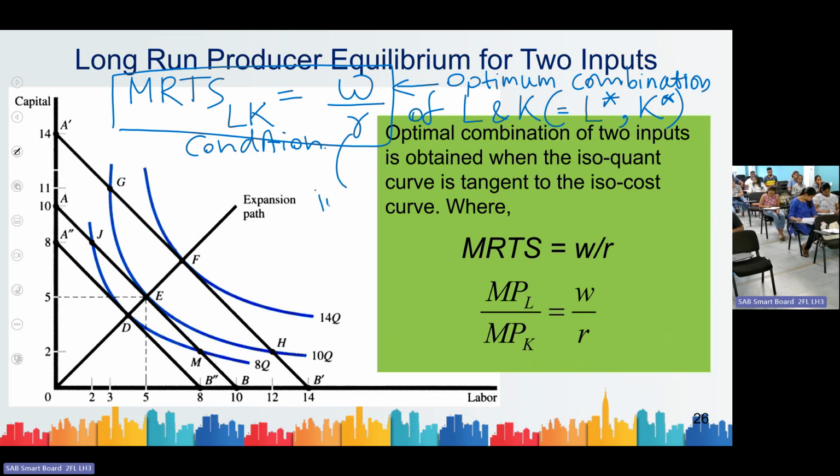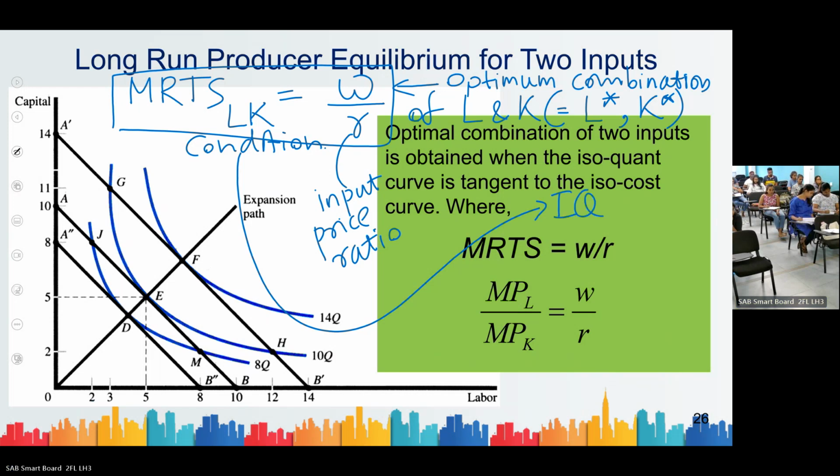The marginal rate of technical substitution is equal to the input price ratio when the isoquant curve and isocost curve are tangent.